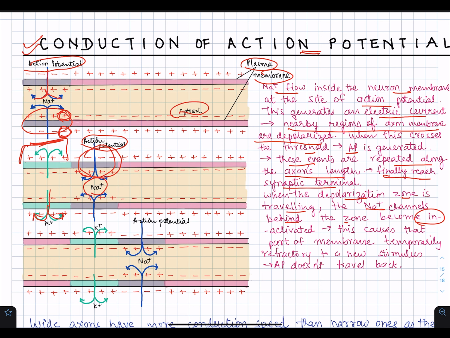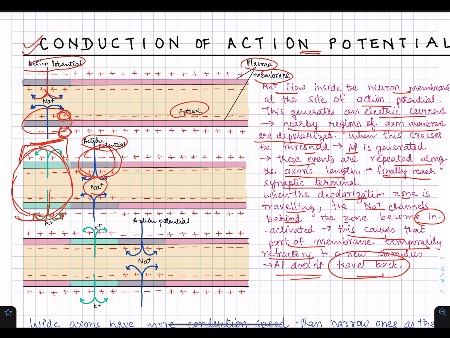So this causes that part of the membrane to be temporarily refractory to a new stimulus. This part, the sodium channels have now become closed, so it is temporarily refractory to any new stimulus. It won't get activated. So the action potential doesn't travel back.